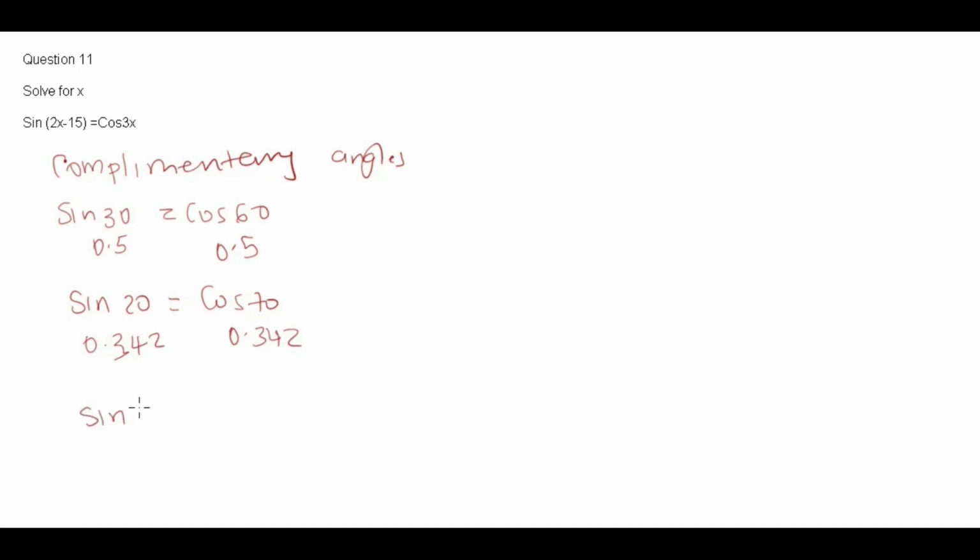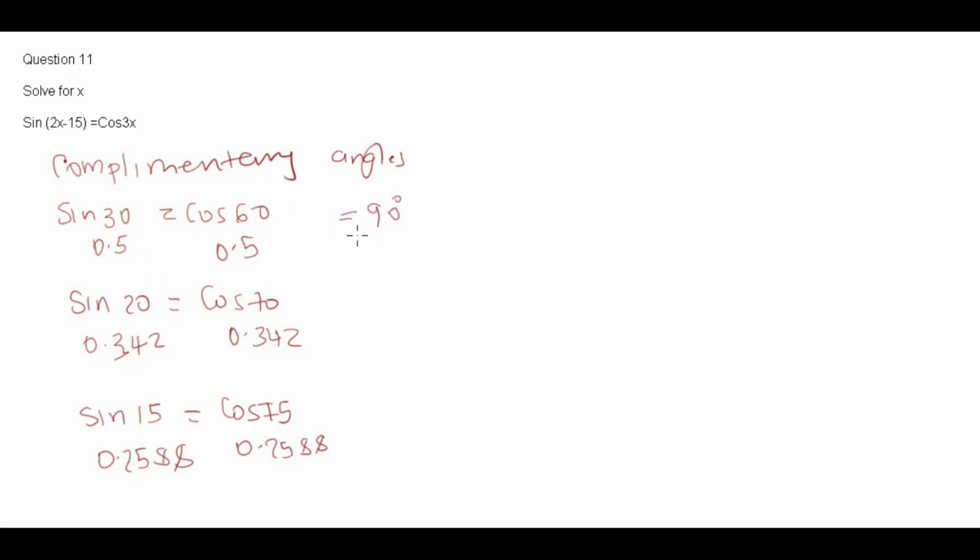Sine of 15 is the same as cos of 75. Cos of 75 is 0.2588, and sine of 15 is 0.2588. So there's one thing: these angles add up to 90 degrees.